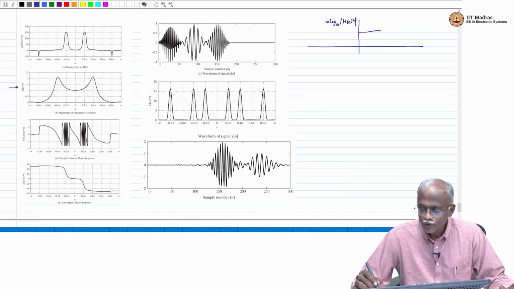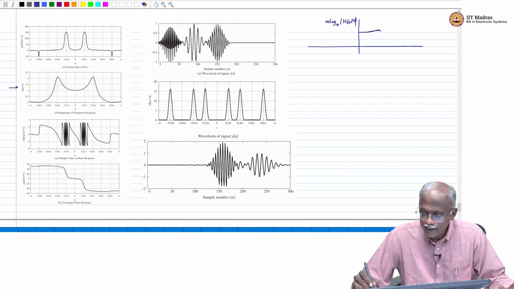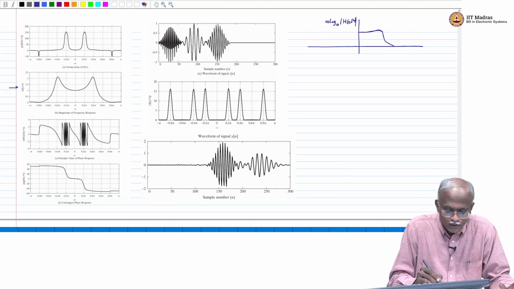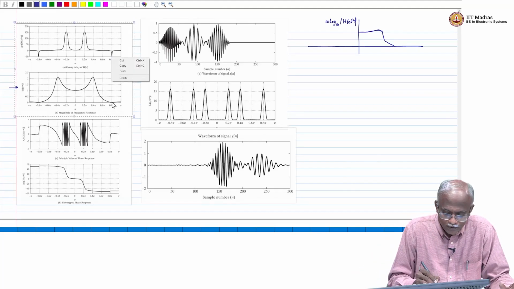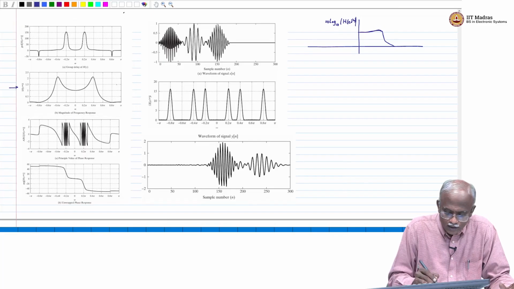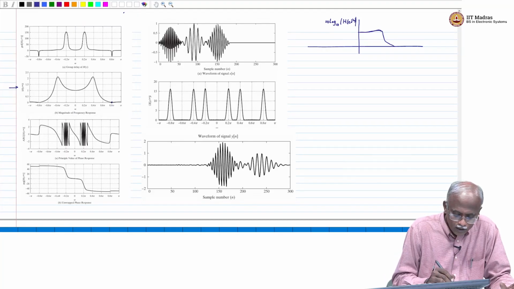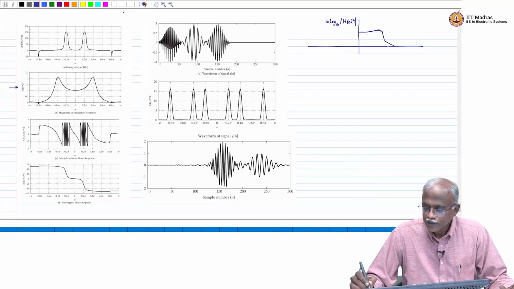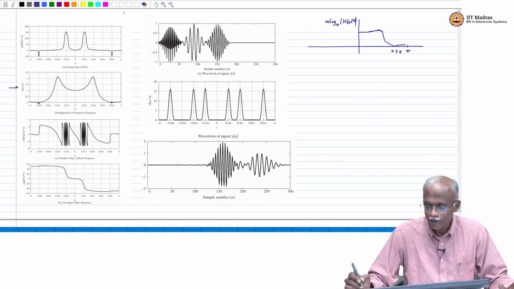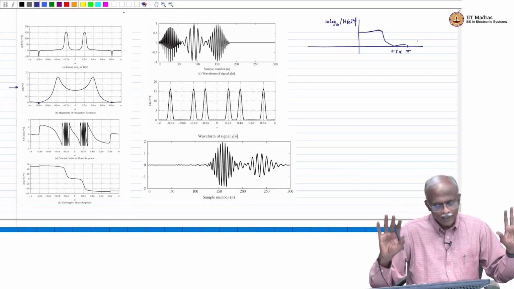So you'll see a slight increase and then a rapid decrease to a 0 which is at 0.8 pi. Notice that the magnitude response touches the value 0 at 0.8 pi, and then slowly increases up to pi. So this is what it looks like. It's a low pass filter.